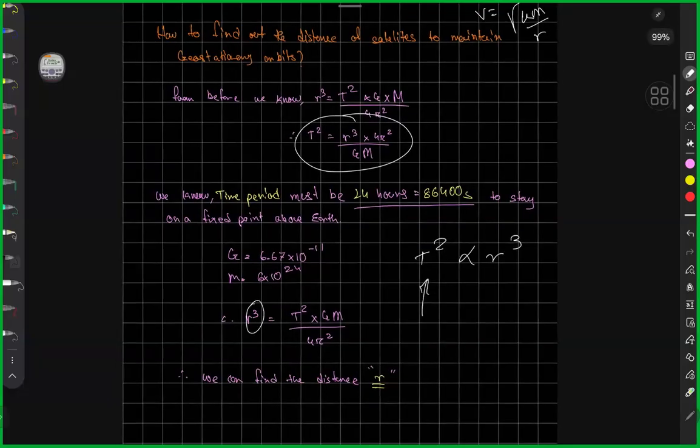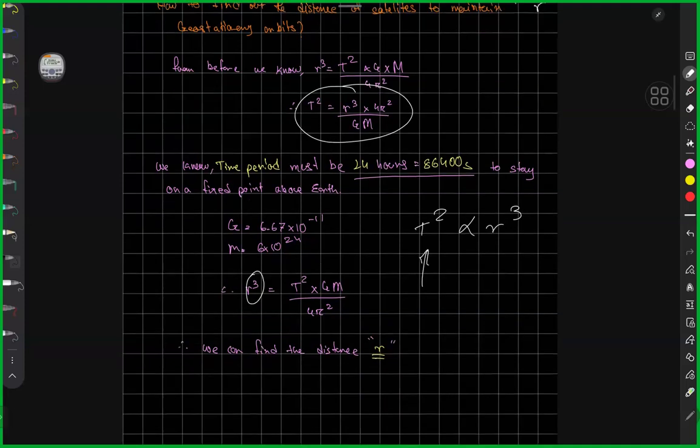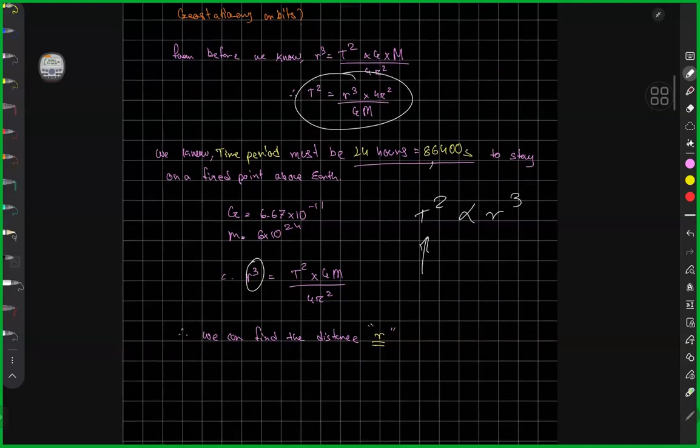Now, how do I find the separation? To find the separation, you make r cubed the subject, which is the separation, and you put in the time period as 86,400 seconds, squared, times 6.67 times 10 to the power minus 11, which is the gravitational constant, times the mass of Earth.